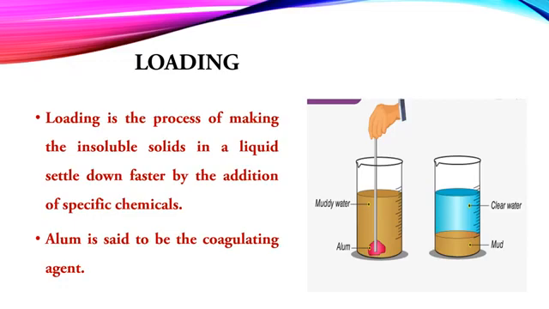Due to this, the clay particles become quite heavy and settle down at the bottom of the beaker quite rapidly. When all the suspended clay particles settle down, the water becomes clear. The clear water is then decanted into another beaker.